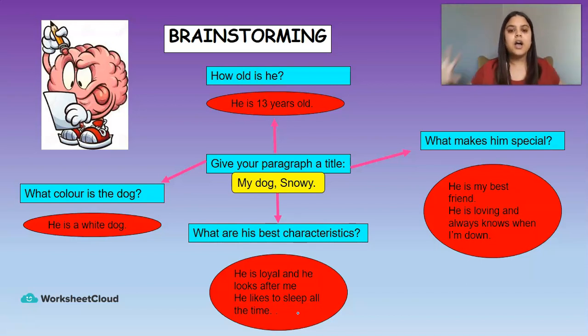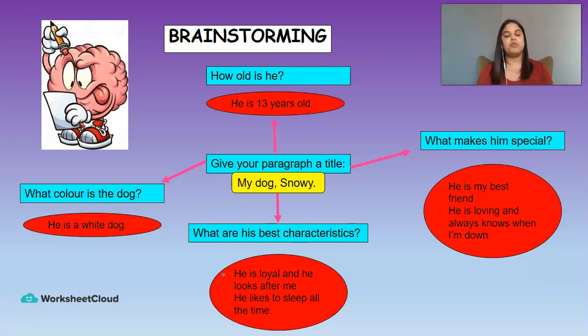So here is my brainstorming. On your page, you could be writing about your own pet or the one you'd like to have. You need to give it a title. You don't have to ask the same questions I did, but I'm giving you an idea of how to start. You can think about age, color, what makes him special, and his or her best characteristics.